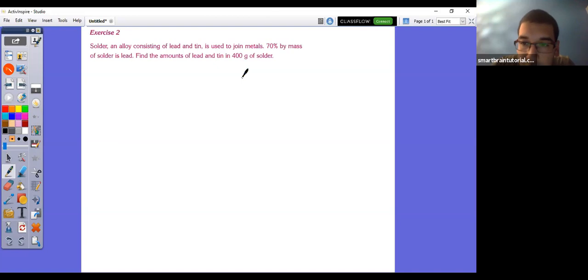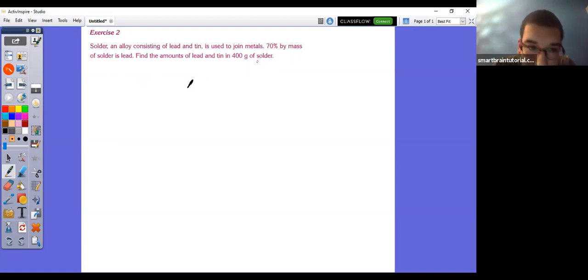An alloy is another type of solution. It is not an aqueous solution, but it is a solution, because it is a homogeneous mixture of two substances. They are both metals, so alloys are homogeneous mixtures.